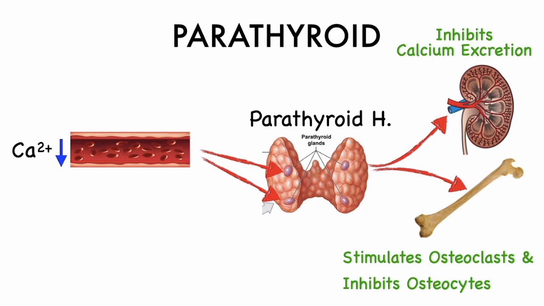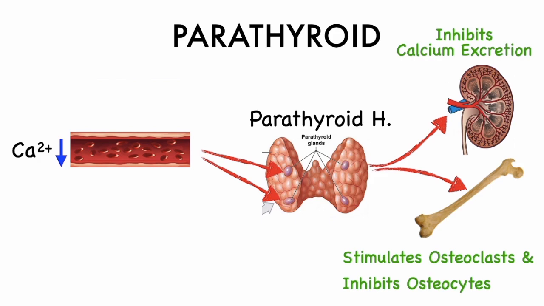Also, it'll inhibit calcium excretion. So instead of, like we saw before, when we're taking in plenty of calcium, causing the kidneys to get rid of excess, the parathyroid hormone reaches the kidneys, and the kidneys are sensitive to it, saying, hey, stop getting rid of it, let's put the calcium back into the blood because we don't have enough of it.